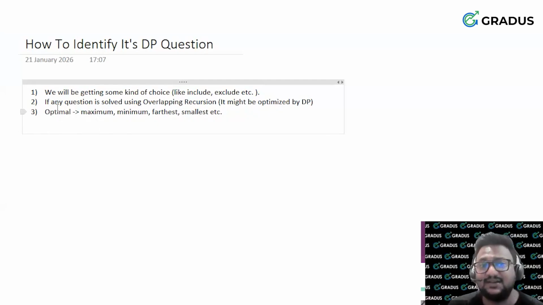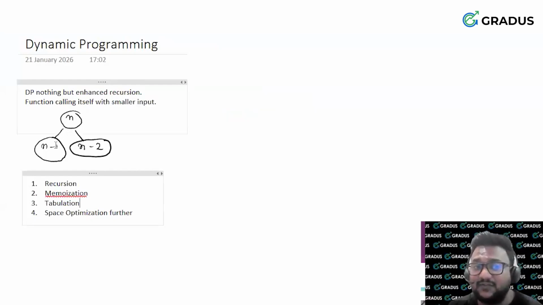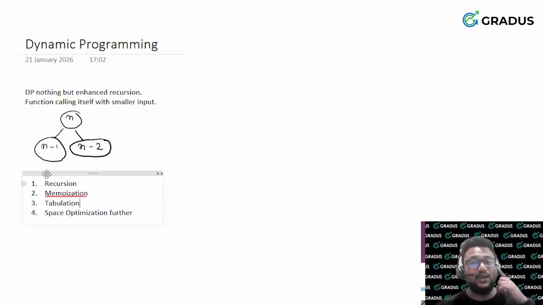The other approach is if we have overlapping subproblems. For example, here, as I told, we were calling n for n minus 1 and n minus 2. So in order to compute n minus 1, we again have to call n minus 2, correct? n minus 2 is overlapping. We are computing n minus 2 multiple times in a recursive tree. So in places where state is repeating itself, we have overlapping subproblems. In those situations, we can use dynamic programming.